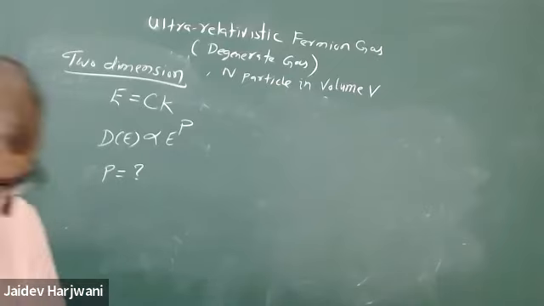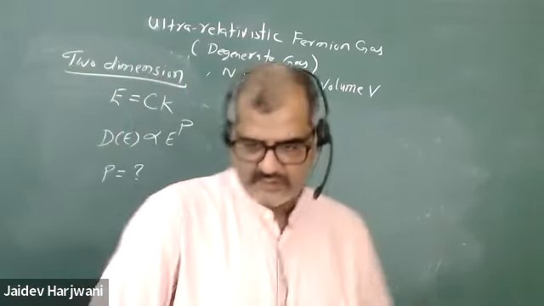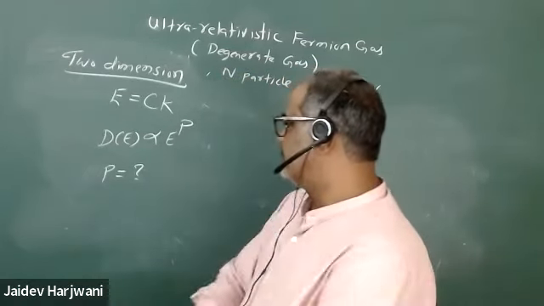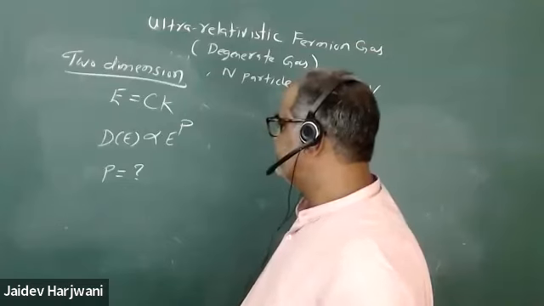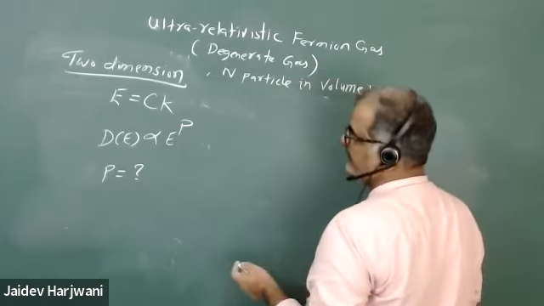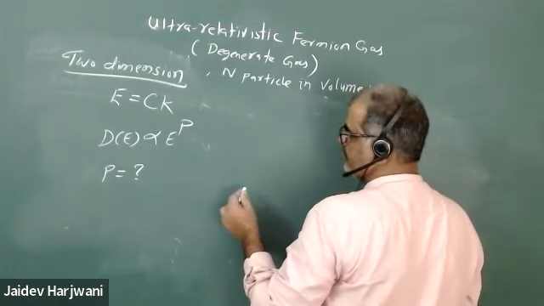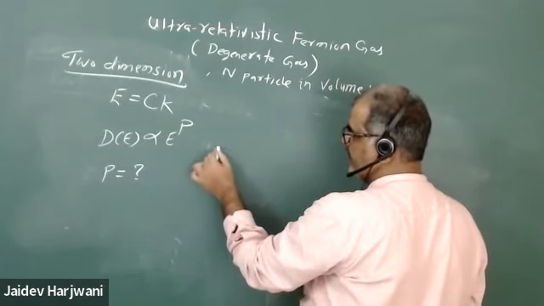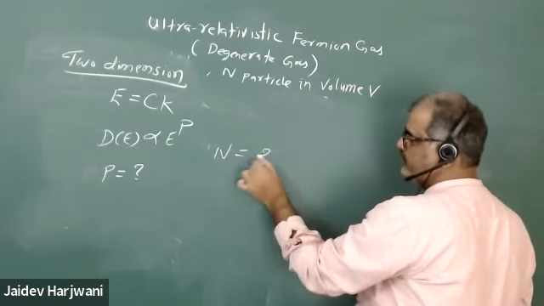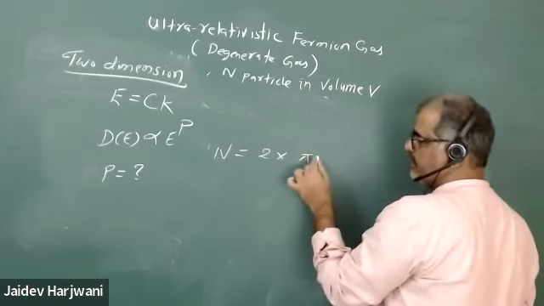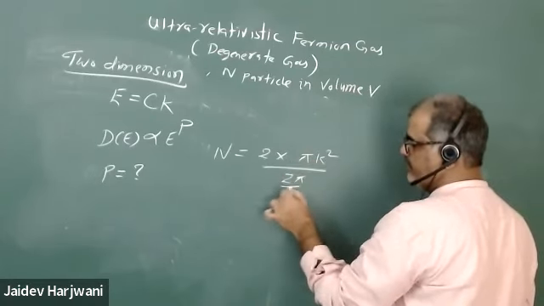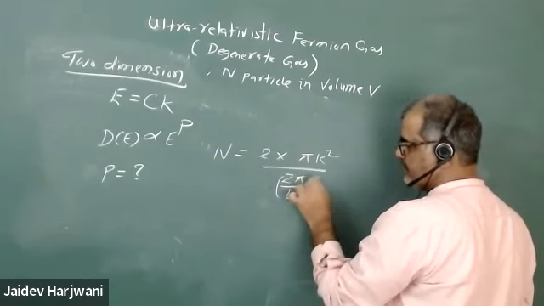I have given you a direct formula also. You remember that you can apply. If you don't remember that one, this is a 1-minute job. In 2 dimension, N is 2 into pi k square upon 2 pi upon L square.